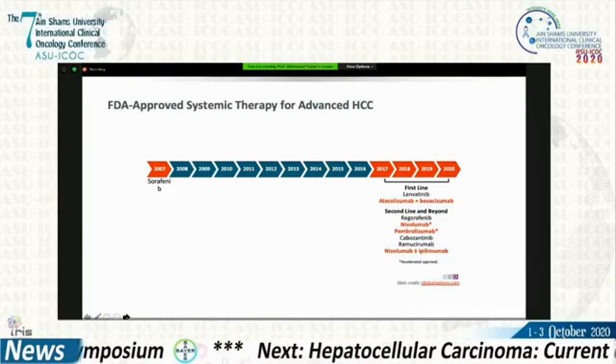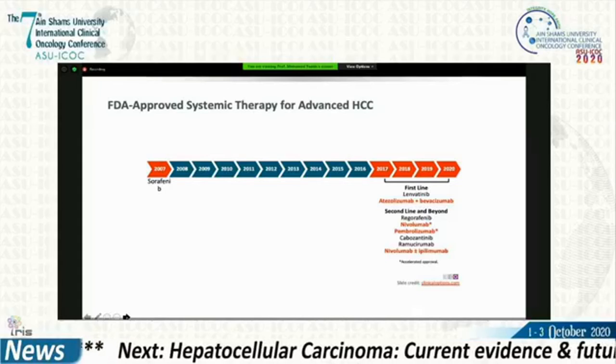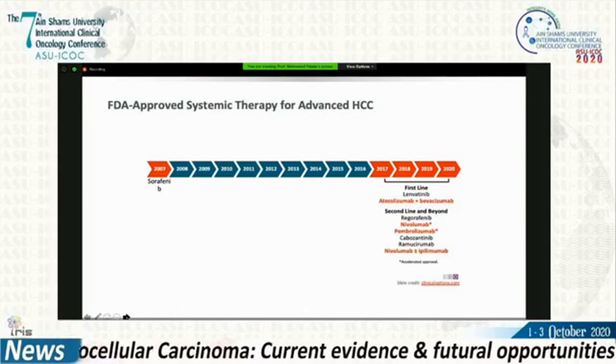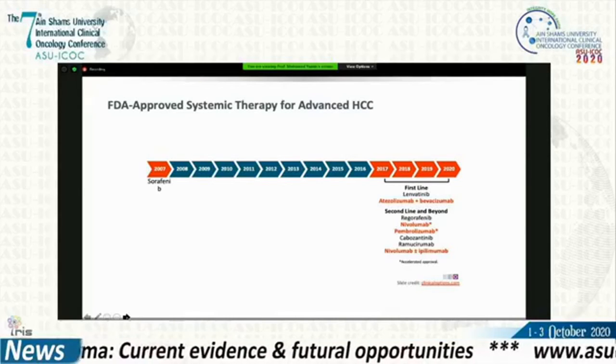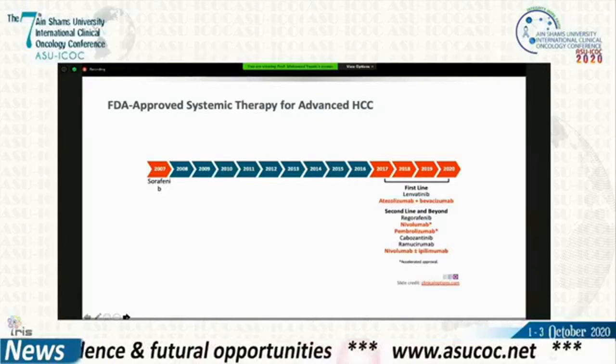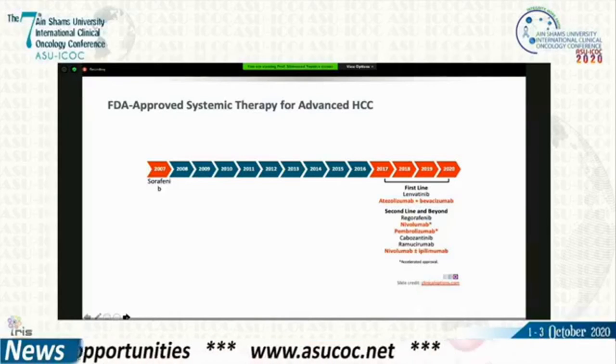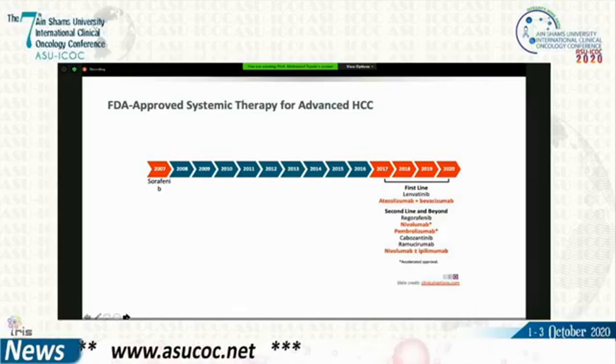Recently in first line we have atezolizumab approved in May 2020, and in second line we have regorafenib, cabozantinib, ramucirumab, and accelerated approval for nivolumab and pembrolizumab and nivolumab plus or minus ipilimumab.